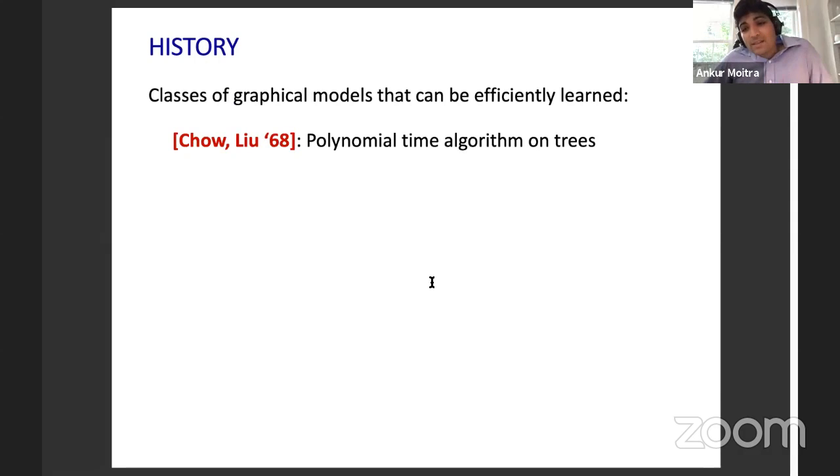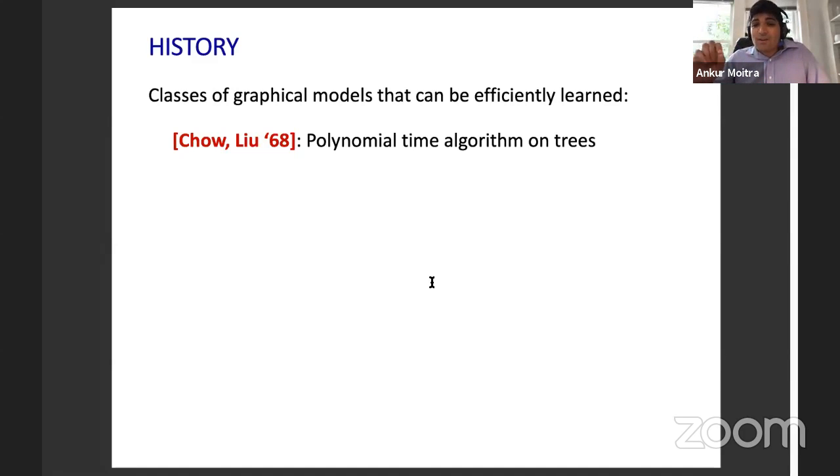So this problem has a long history of study, actually goes way back to 1968, where Chow and Liu gave a really powerful algorithm, which works whenever the underlying graph structure is a tree. So, trees are very easy because when you take any pair of nodes xi and xj, there's a unique path between them.